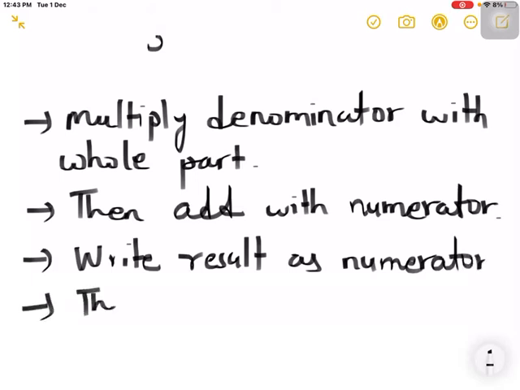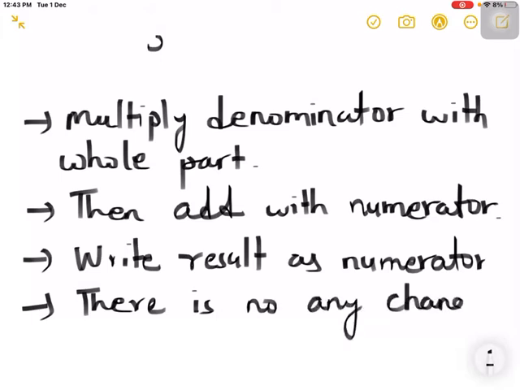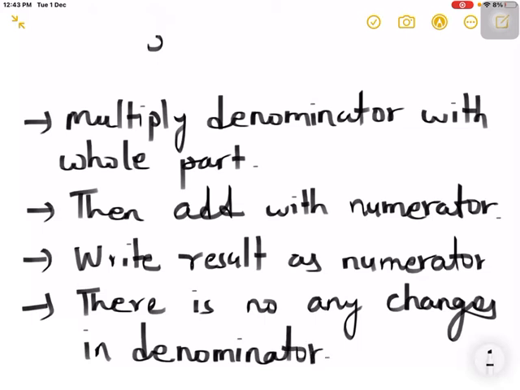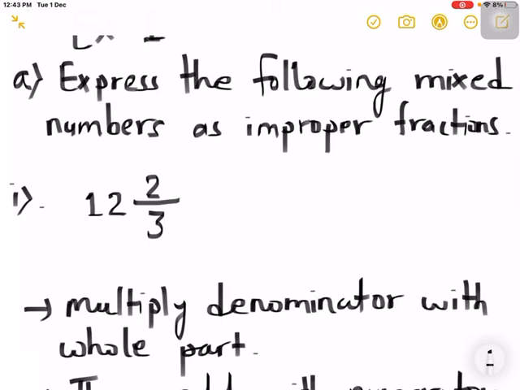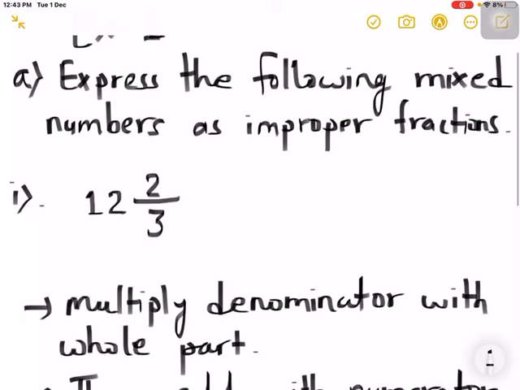There is no change in the denominator. You have to remember these four points, which help us convert a mixed fraction into an improper fraction.